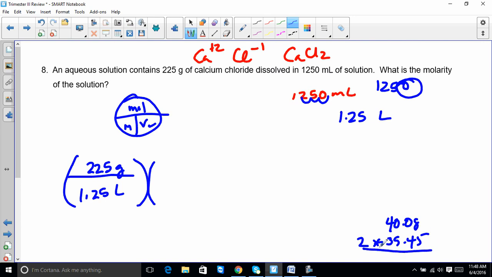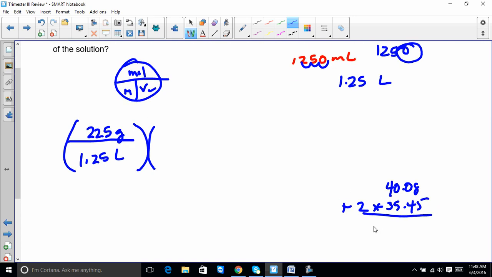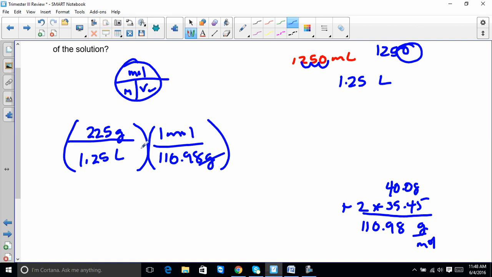When I do this addition on a calculator, I get 110, something like that. What do you get? 110.98 grams per mole. And because grams is on the top in the first set of parentheses, the 110.98 grams goes down, the 1 mole goes up, this cancels this. You're in moles per liter.